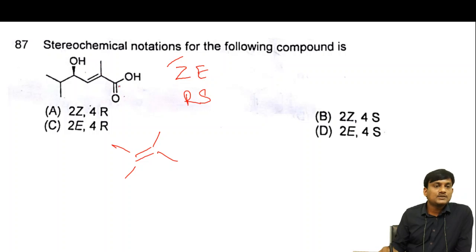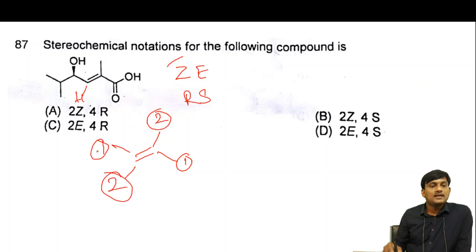If you take these two, methyl group and COOH, obviously COOH gets first priority and methyl is second priority. And here you have hydrogen and another group, so this one gets first priority, this one is second priority. Same priority on the opposite side, so what is the configuration? E is the configuration at this double bond.